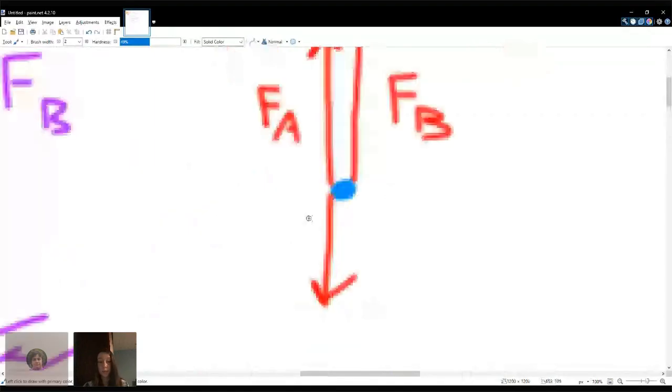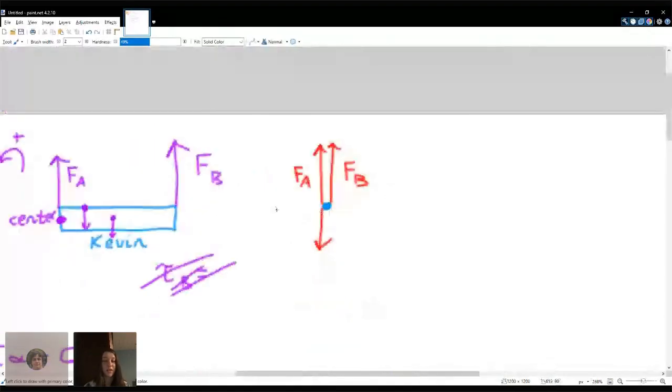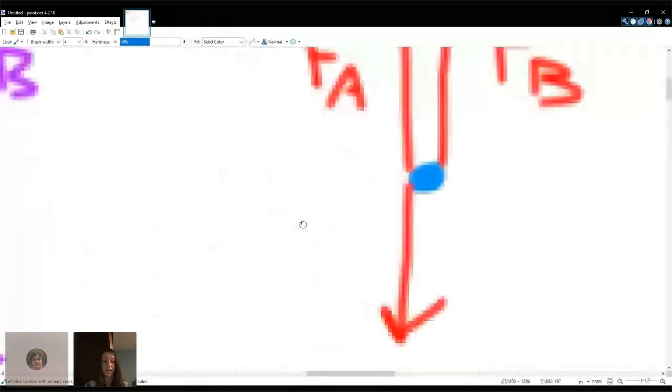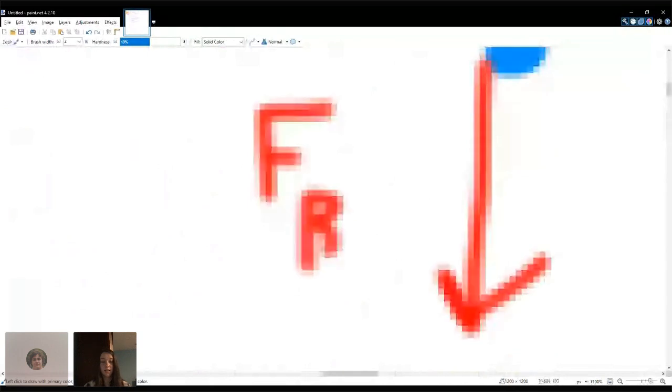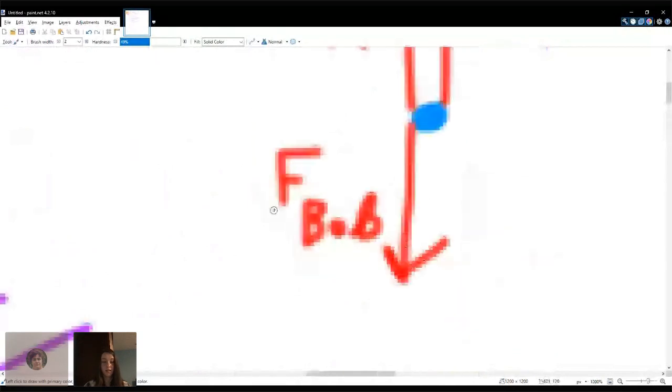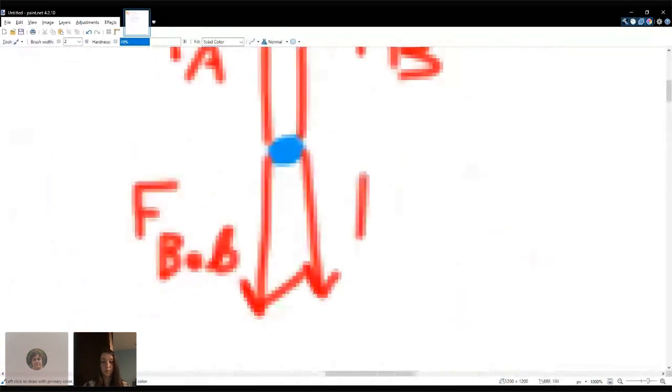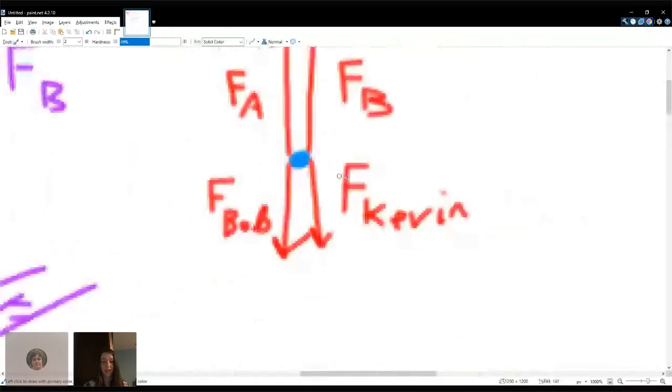So we have to do the sum of force pillar A and force pillar B equal to the sum of Kevin and Bob to find the force of pillar A. Perfect. Okay.